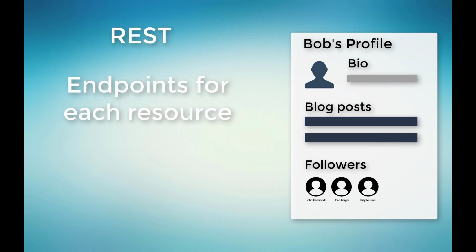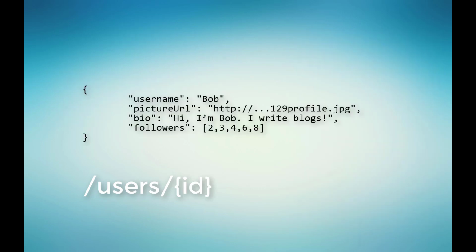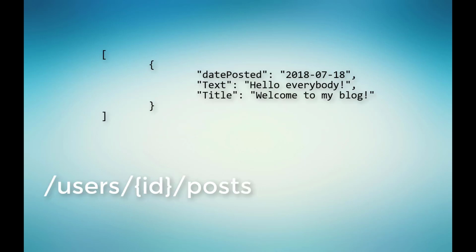In REST, you define specific endpoints for different resources, like this, users/ID. And maybe you will get data such as this, containing Bob's username, his profile picture URL, the bio of Bob, and his followers. If you also wanted all of Bob's blog post, maybe you would go to another endpoint like this, users/ID/post.